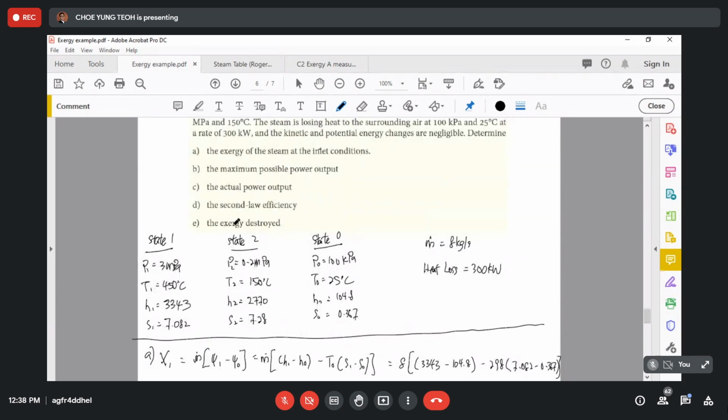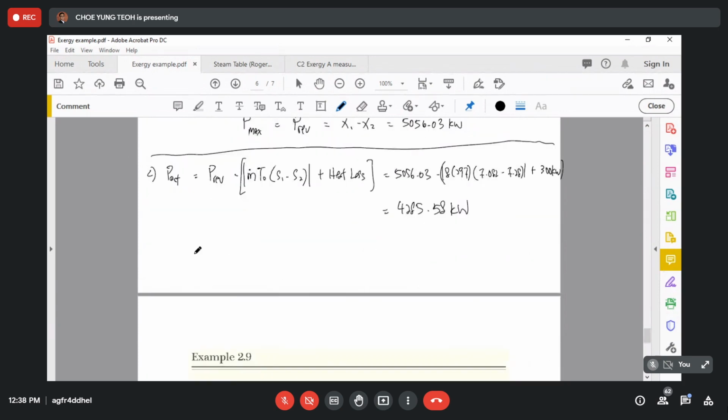Now D, the second law of efficiency. Second law of efficiency, very straightforward now. P actual over P reversible. P actual is 5056 point, sorry.